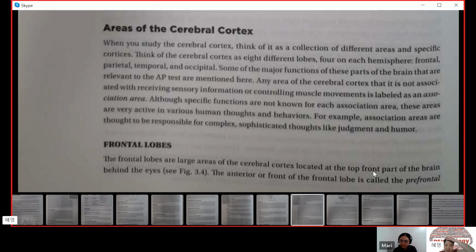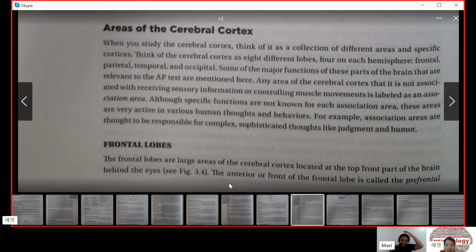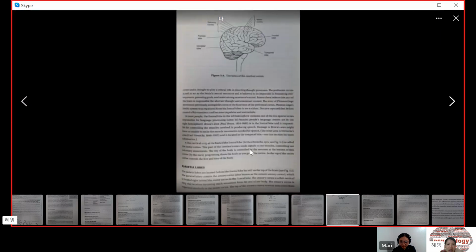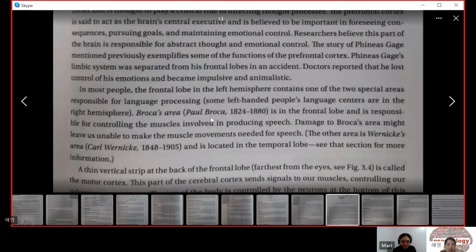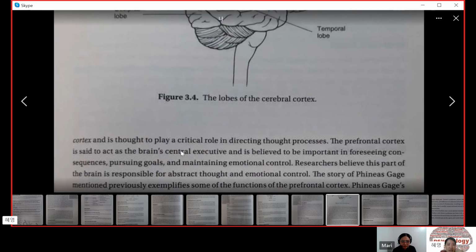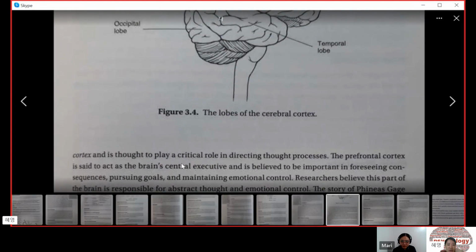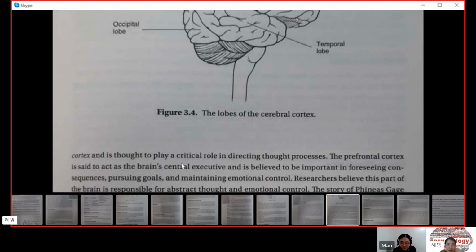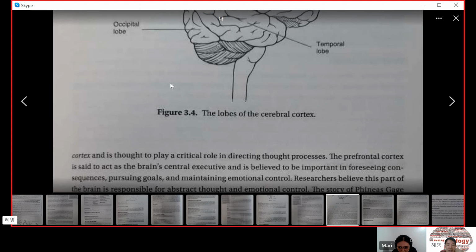The front of the frontal lobe is called the prefrontal cortex, and is thought to play a critical role in directing thought processes.